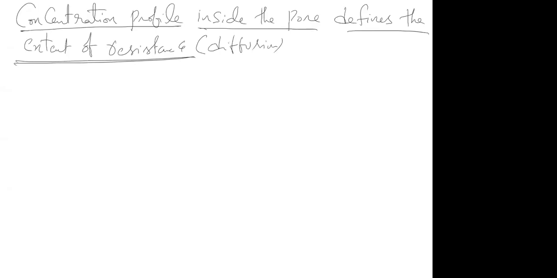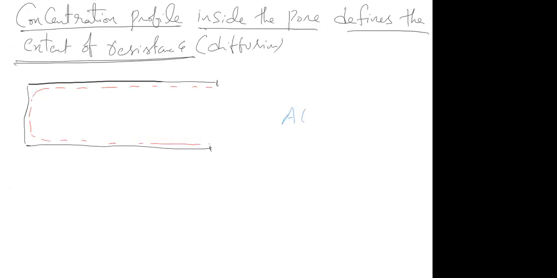So we need to derive the concentration inside the pore. That means if this is the pore, we should derive concentration inside the pore. This is how the particles are split. This is my air of gas, where the concentration is CAS, and the concentration here is CL. So how do you derive the concentration profile? Let's take a small element.